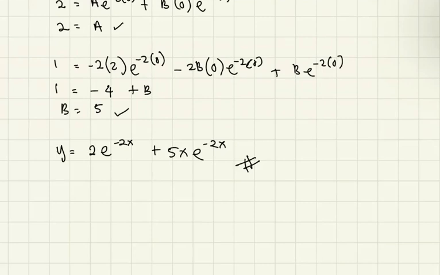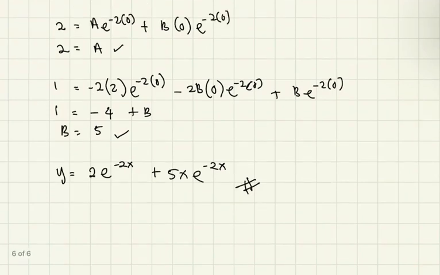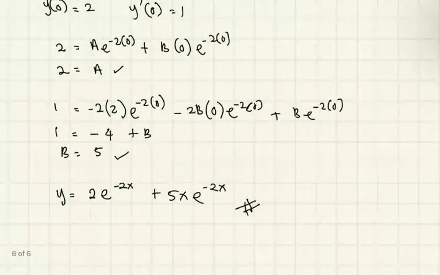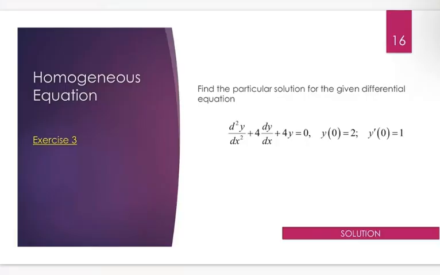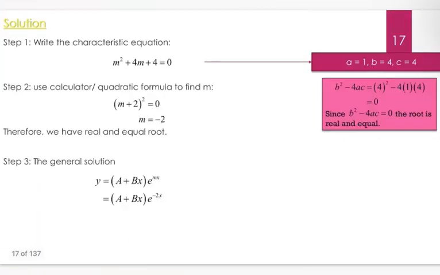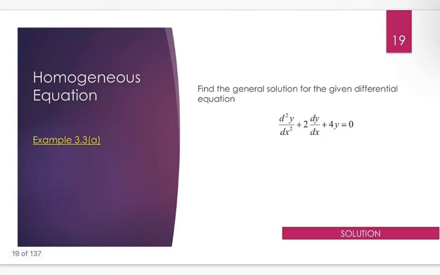Alright, so this is our solution: y equal to 2 exponent minus 2x plus 5x exponent minus 2x. So this is for the second case. Okay, next example.